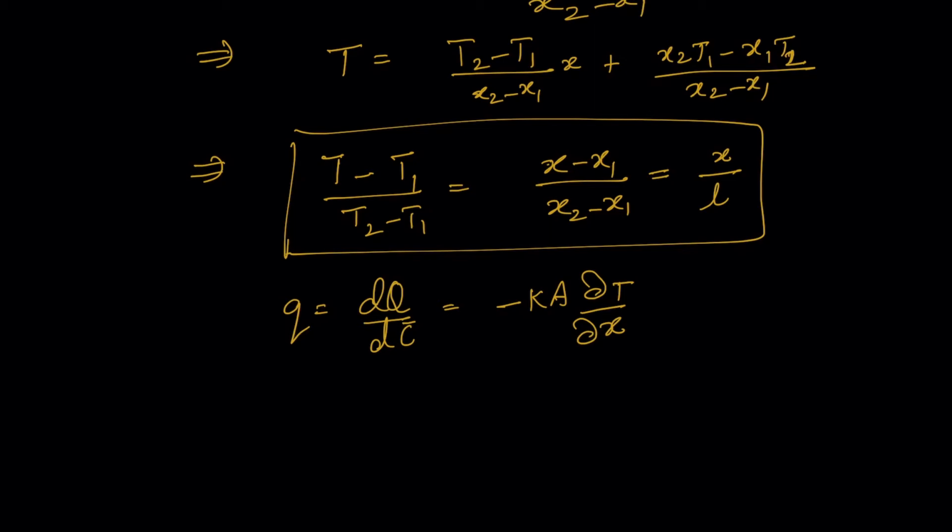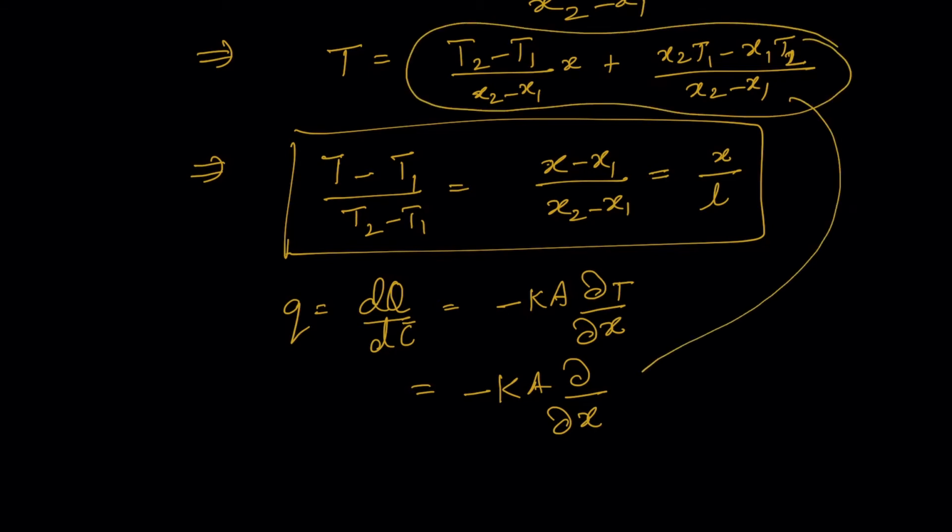So now you can differentiate minus Ka del by del X of the temperature term we have calculated here. You can put it here. And finally when you differentiate, you will get minus Ka T2 minus T1 divided by x2 minus x1.